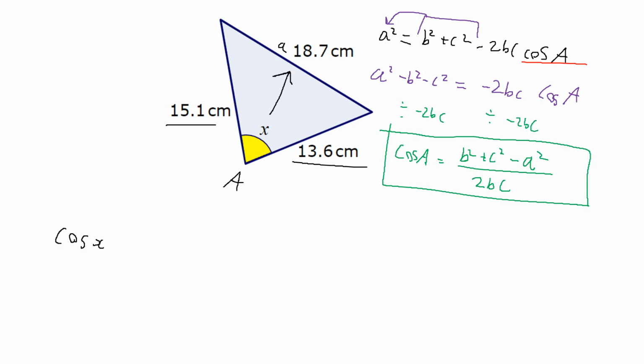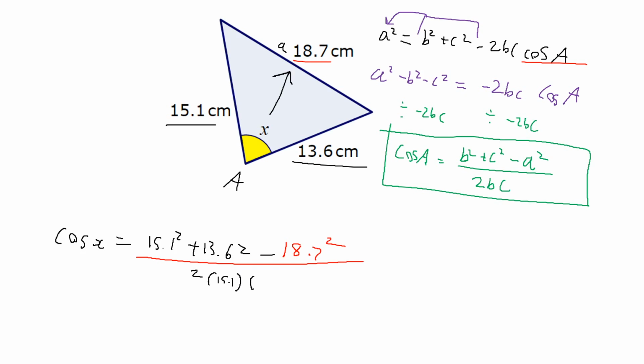Cos x is equal to 15.1 squared plus 13.6 squared minus, because remember, this 18.7 is opposite the x, so that's going to be the minus. Okay? All divided by 2 times 15.1 times 13.6.